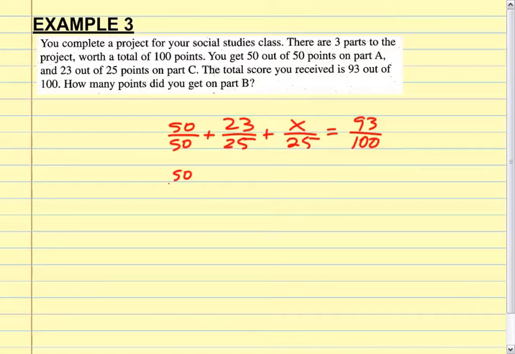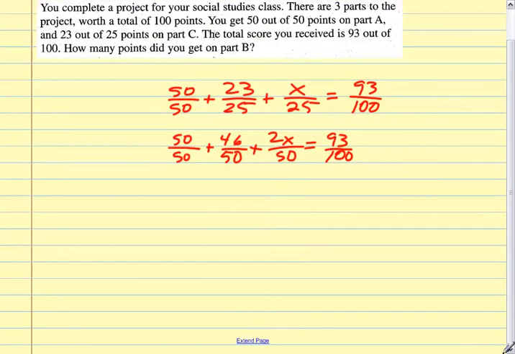So I'm going to get 50 out of 50 plus 46 out of 50 plus 2x out of 50, because I had to multiply the top and the bottom by 2, equal to 93 over 100. But I haven't changed their value. I just changed the denominator. So now when I put this together, I'm going to get 96 plus 2x all over 50. Do you agree? Is equal to 93 out of 100.